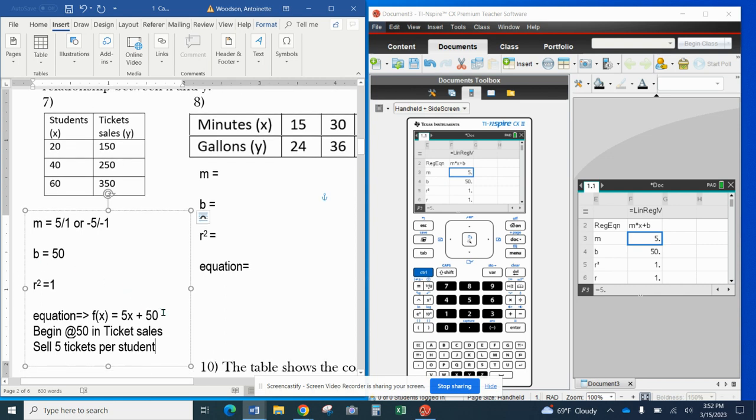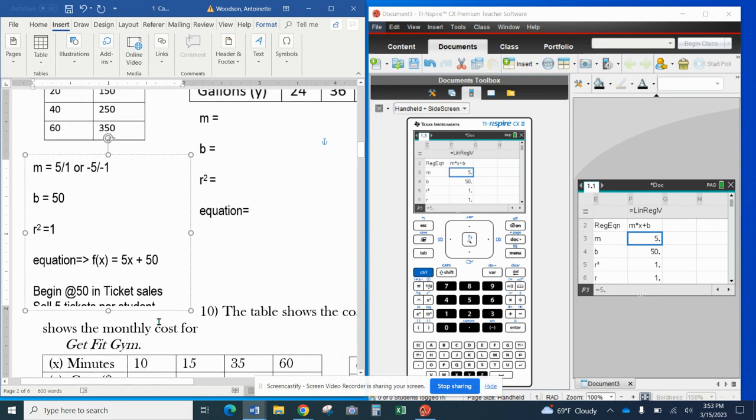Okay, our equation is y equals 5x plus 50, or f of x equals 5x plus 50. And all of this means that we begin at 50 on our ticket sales, and then it increases. Forgot that word.